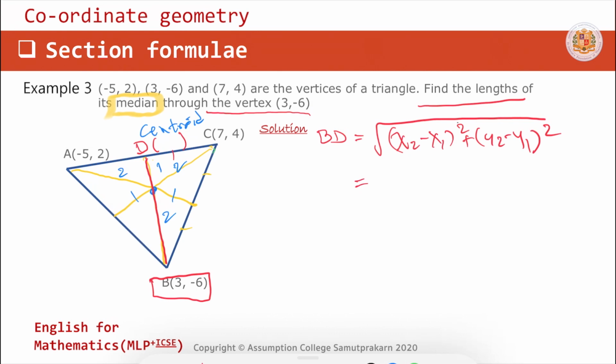Because D is the midpoint, it's dividing A to C by the ratio of 1 to 1. So m would be 1, n would be 1. If we're going to use the section formula to find D, we have to find D first.